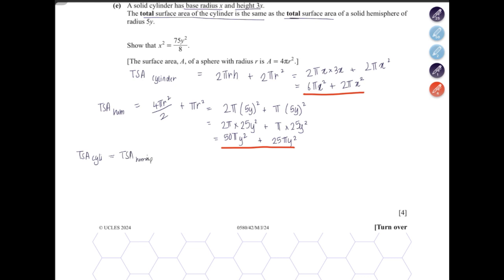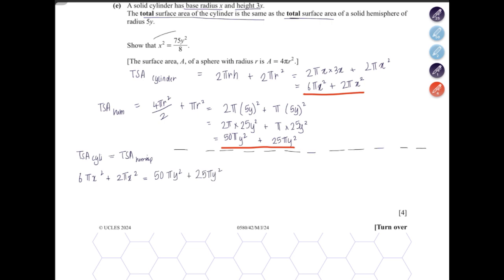Write the whole thing. 6 pi x square plus 2 pi x square equals 50 pi y square plus 25 pi y square. I just want to separate the two.